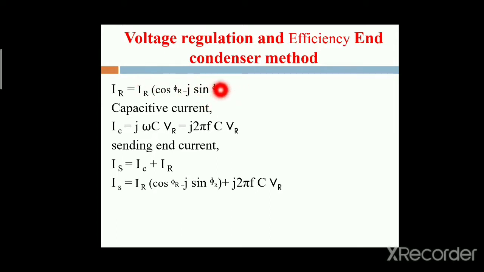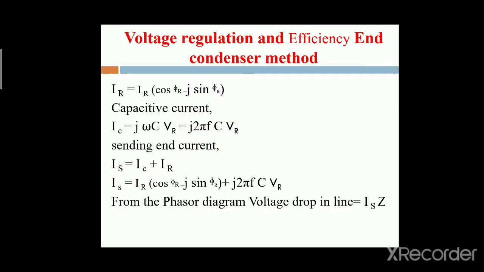Then we obtain IS equal to IR into cos phi r minus j sin phi r, plus IC, that is j 2 pi f C VR. This is the sending end current.